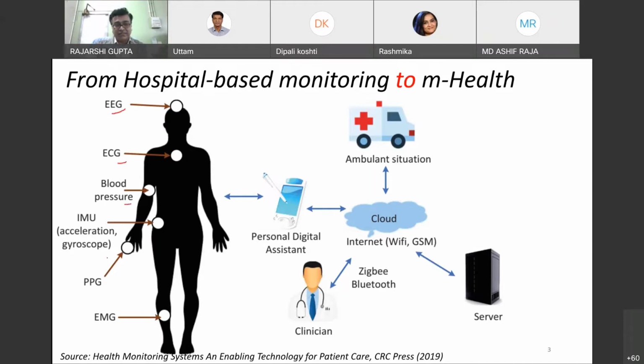Typically, I have shown some of the signals that we collect from different body parts.